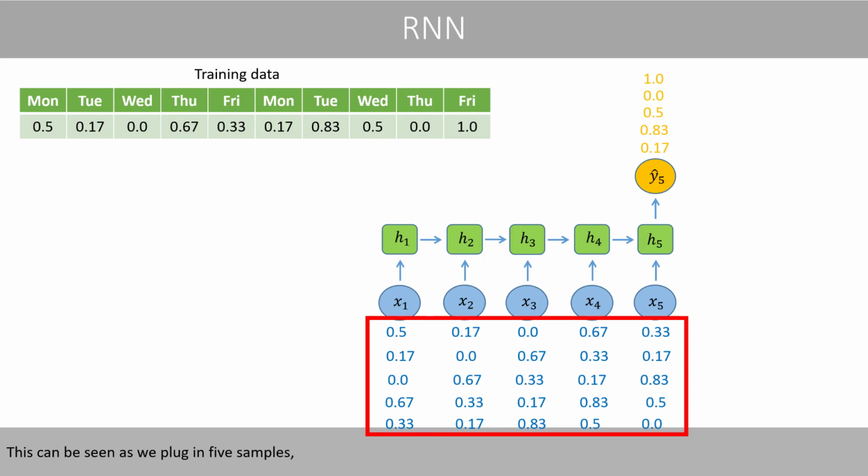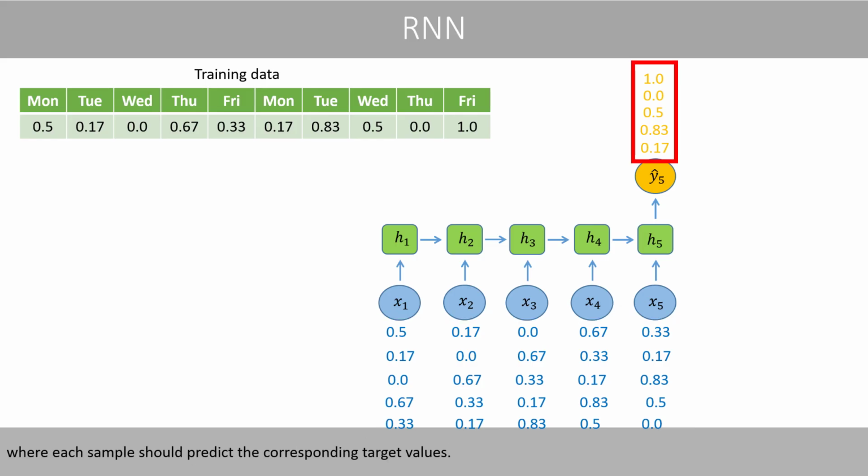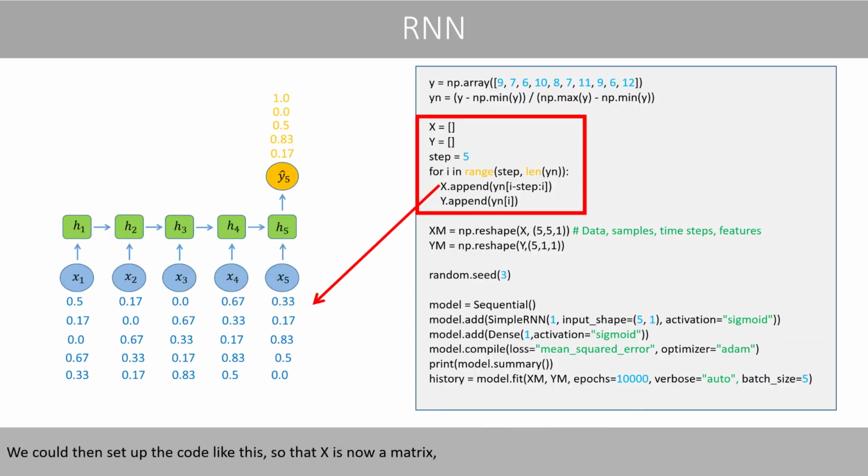This can be seen as we plug in 5 samples, where each sample should predict the corresponding target values. We could then set up the code like this, so that X is now a matrix, and Y is a vector with the 5 last values in the time series.